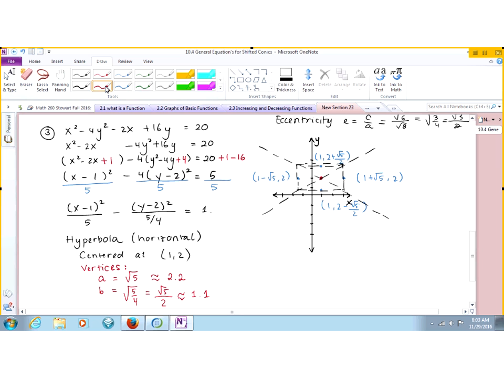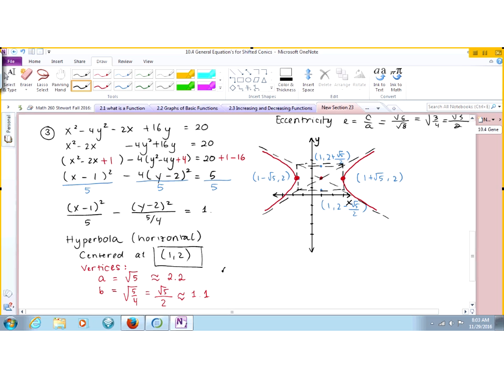Any idea? Yes, we use the two vertices. You're right. It's horizontal, right? Yes. So we will use these two vertices, and then it's going to get closer and closer to the asymptotes, but not touch. All right. Yes, that's my hyperbola.